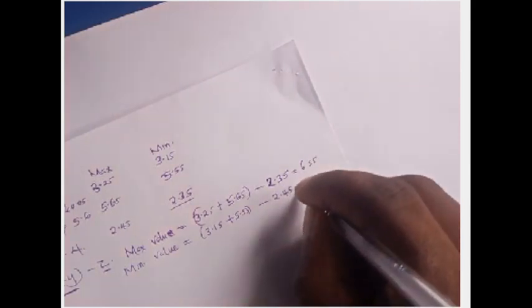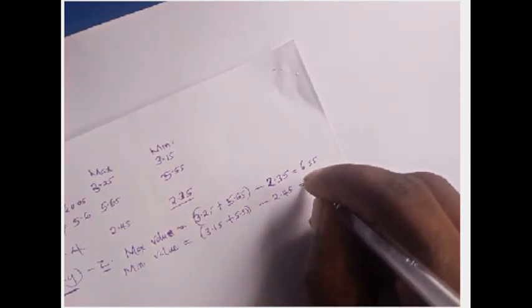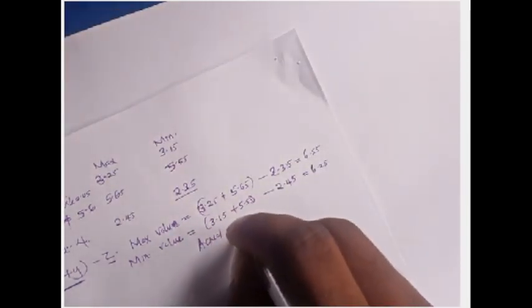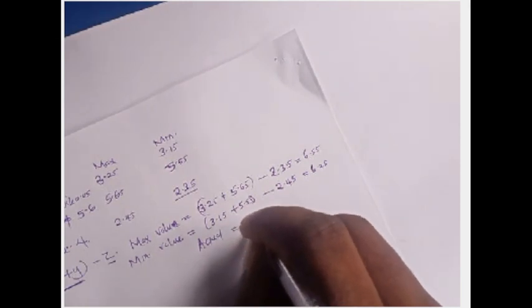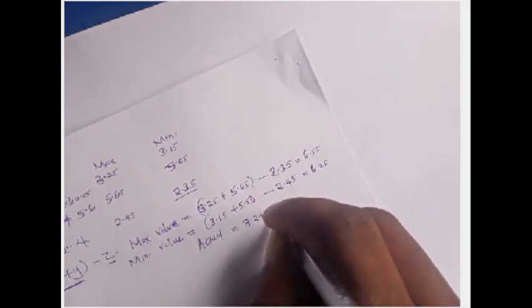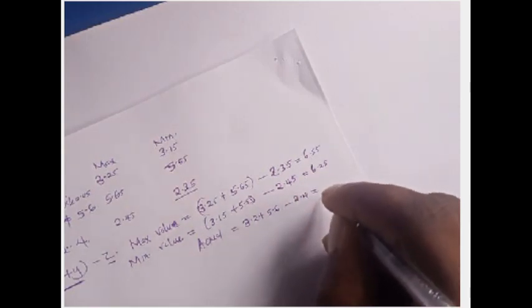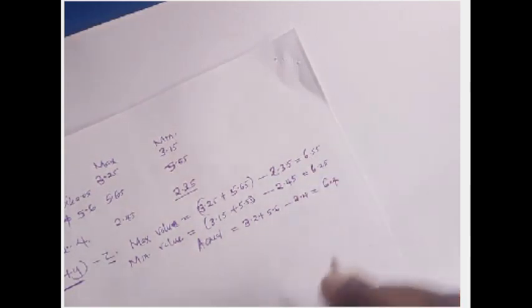Working this out gives us a maximum of 6.55, a minimum of 6.25, and of course the actual will be equal to 3.2 plus 5.6 minus 2.4, and this gives us 6.4.